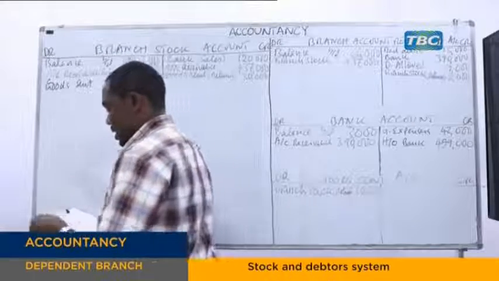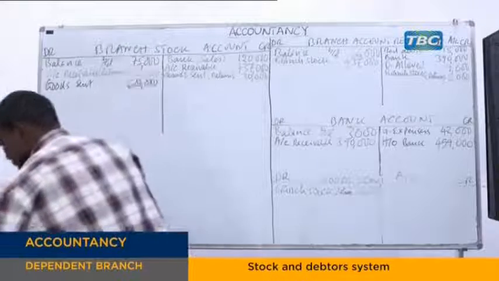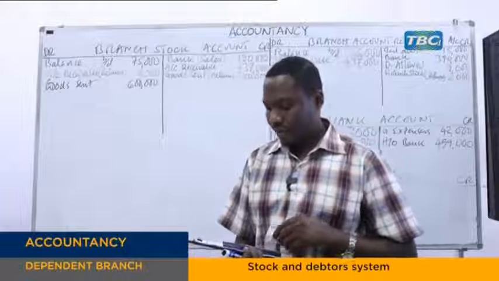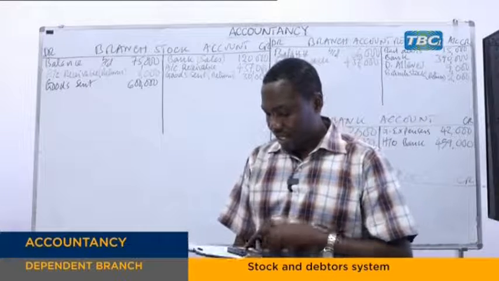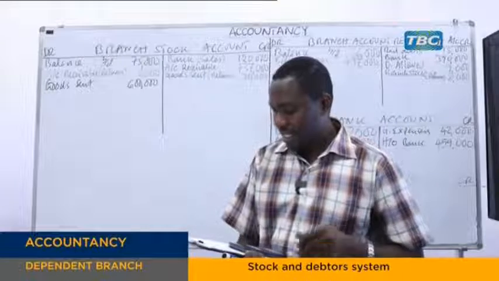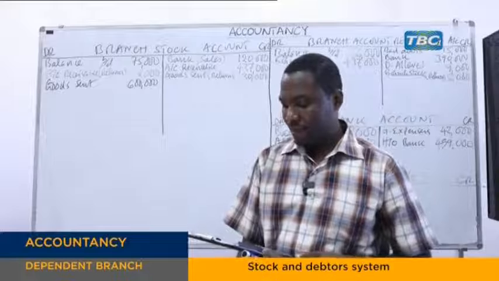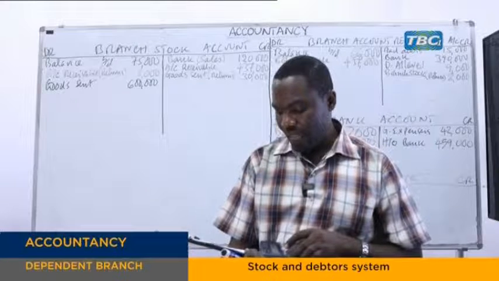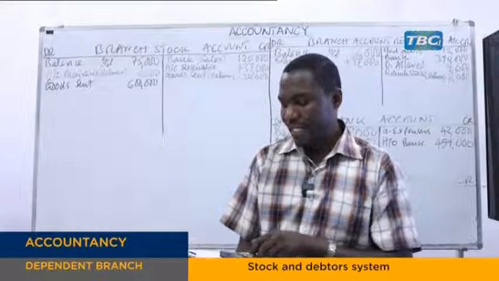If it is 600, we need to adjust for the profit loading. So far we are told that the goods sent were at cost plus 50%.